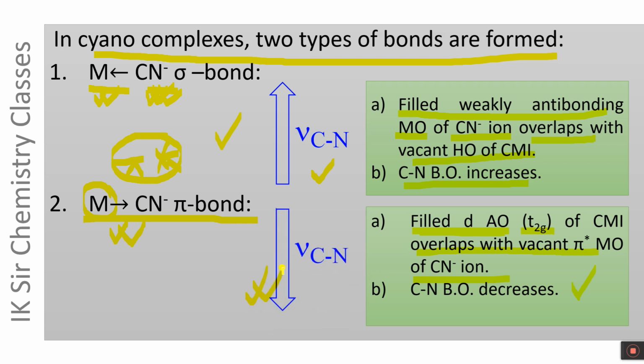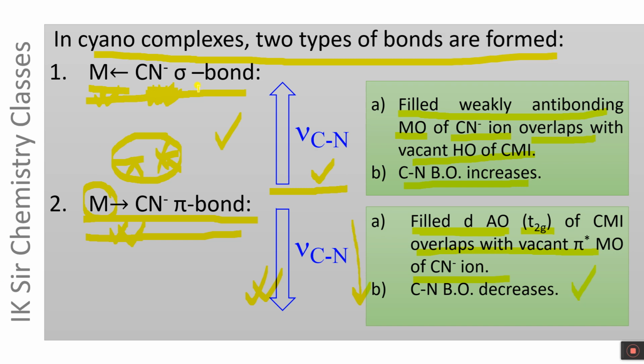Please note it again that the formation of the CN⁻ to metal sigma bond increases the CN stretching frequency, while the formation of the metal to CN⁻ pi bond decreases the CN stretching frequency. These two points must be remembered.